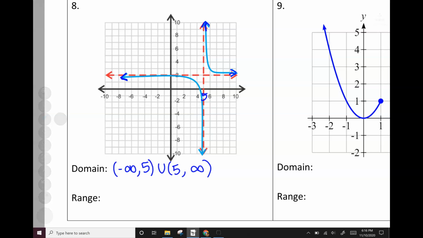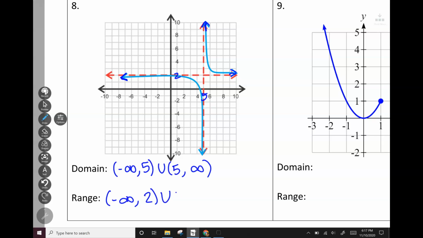All right, and then the range, similar thing, so going from bottom to top, negative infinity, all the way up to that red line, which is at 2. Okay, so we have to stop at 2 because there's no line at 2. We don't touch or cross that. Okay, so then union, 2, and then it goes on forever to infinity.